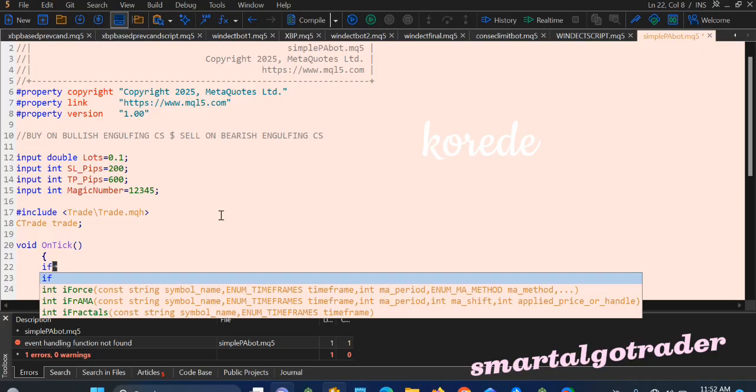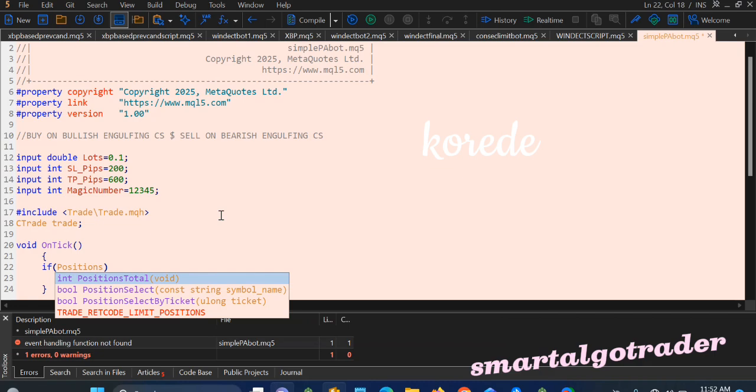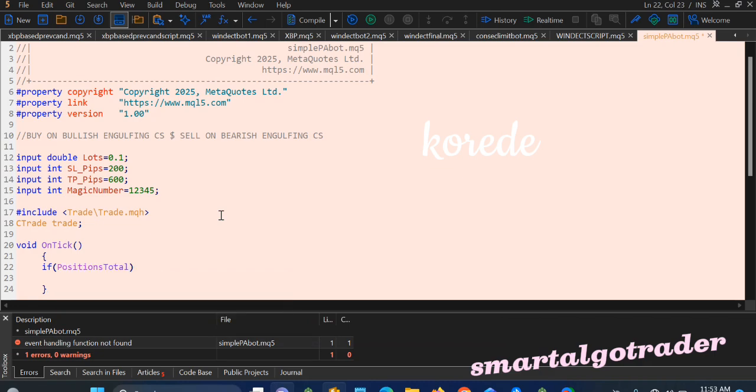So, if PositionsTotal is greater than zero, the function will return.